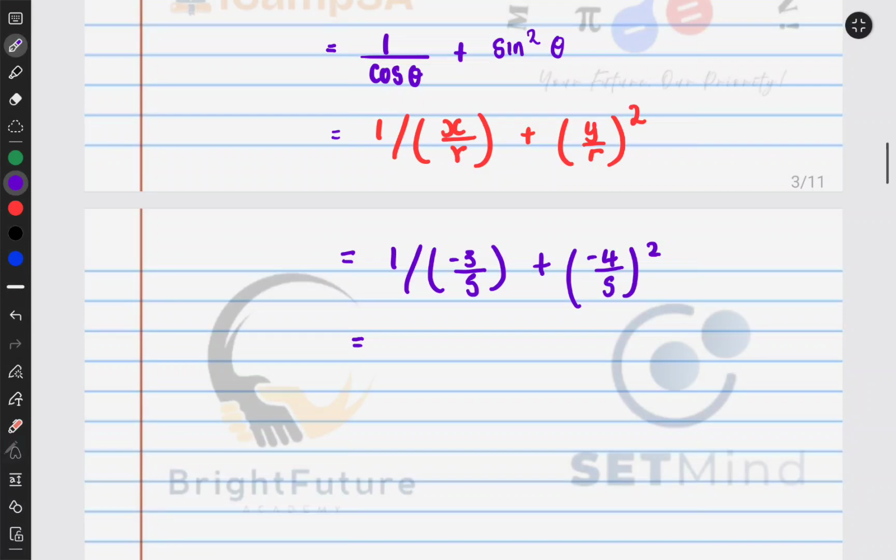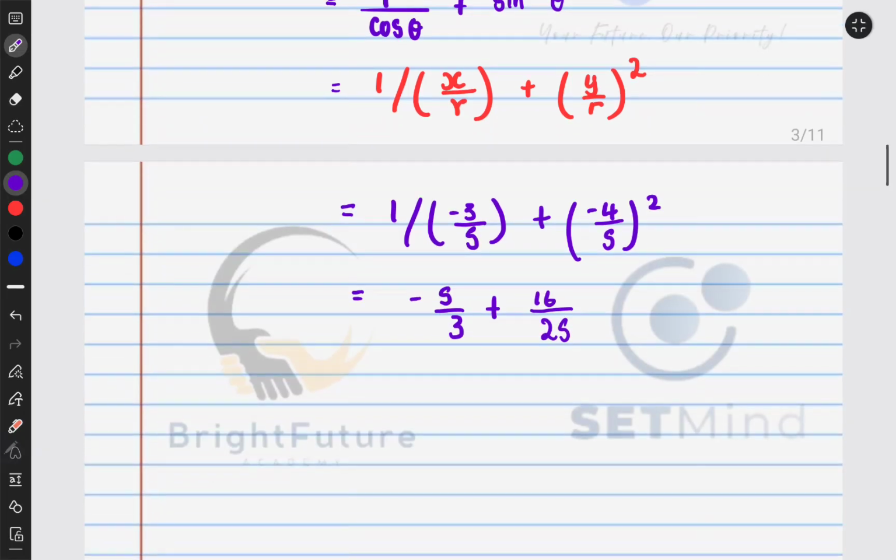This is equal to 1 divided by -3 over 5, which will be -5 over 3, plus (-4) squared, which will be 16 over 25. Once we are here, let's add these fractions.